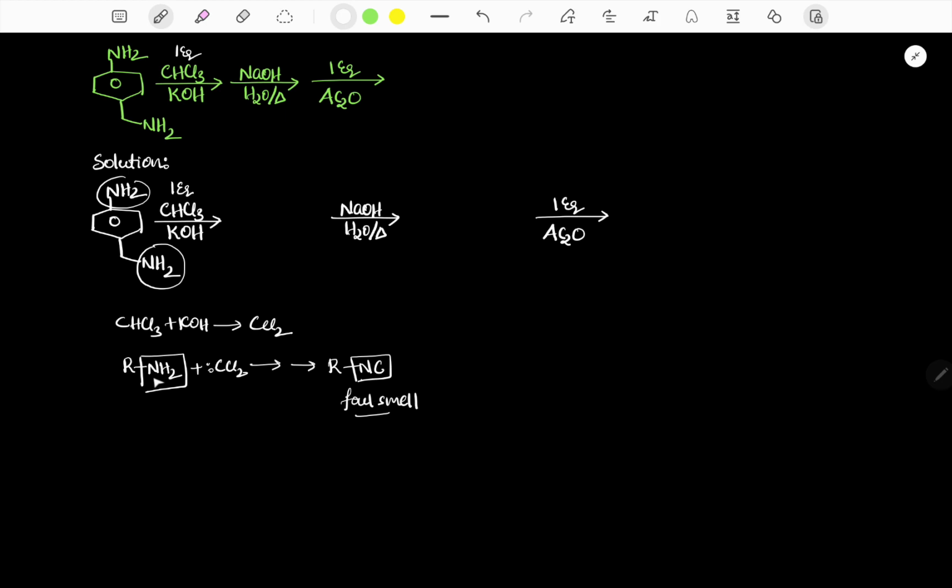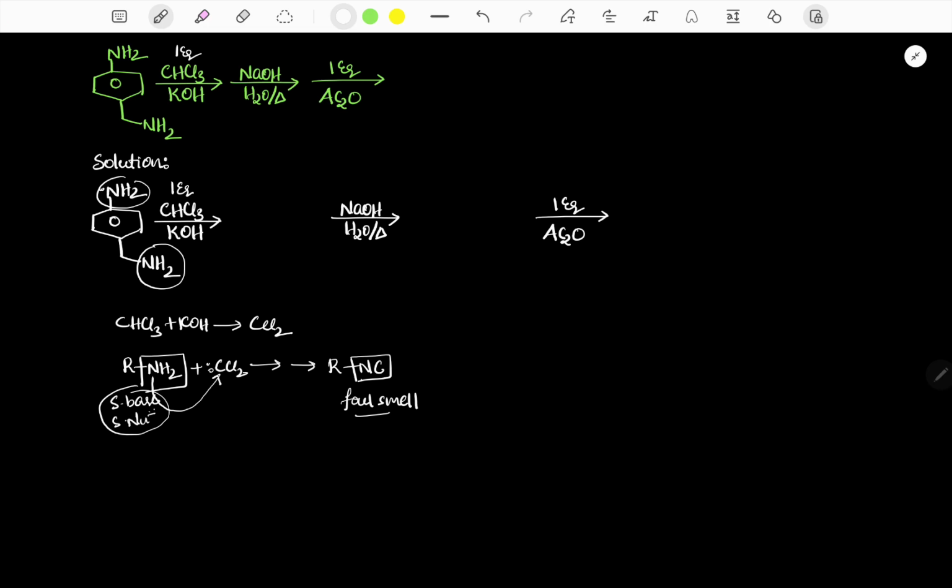And here the reaction starts by donating its lone pair. So a strong nucleophile is required, a strong base and strong nucleophile. If two nitrogens are competing, we have to look for the strong base or strong nucleophile.